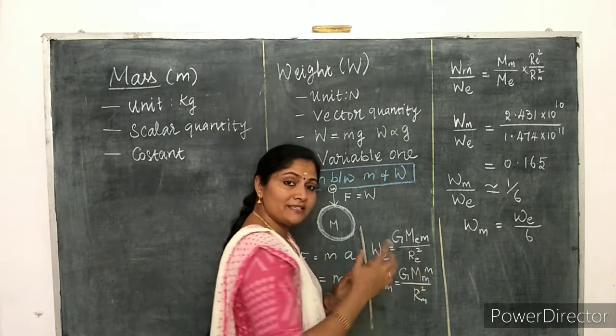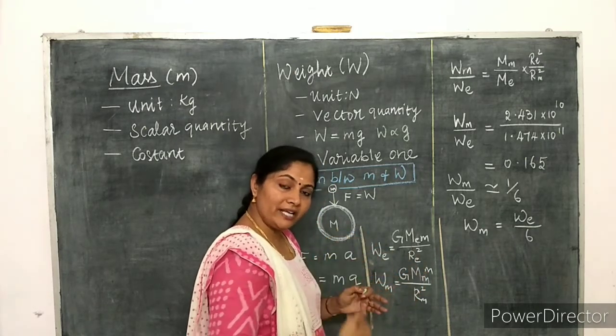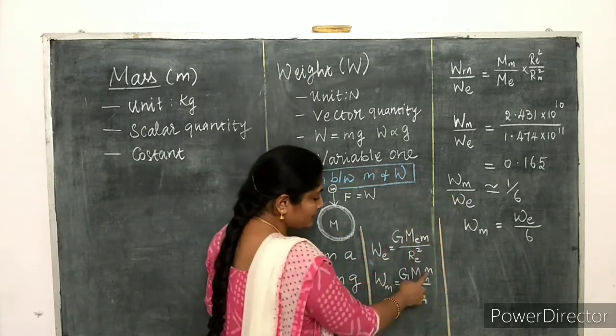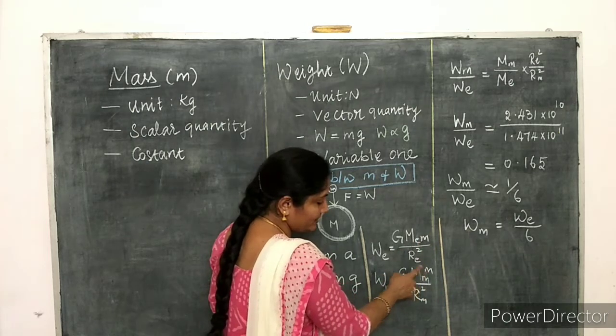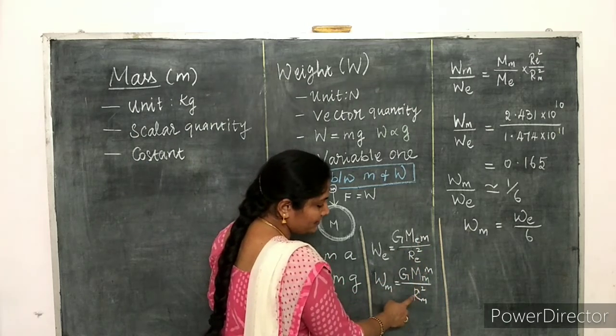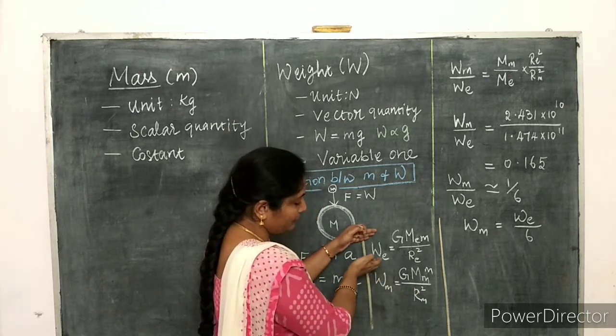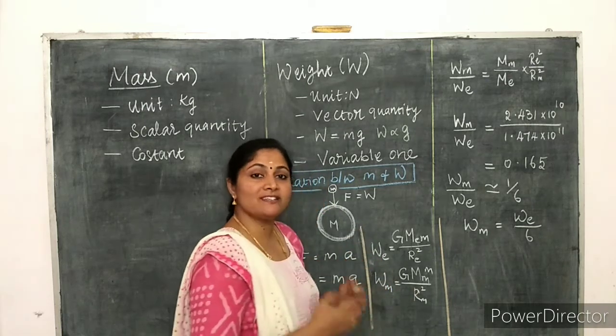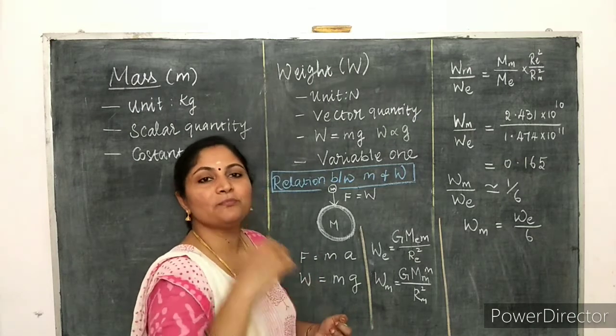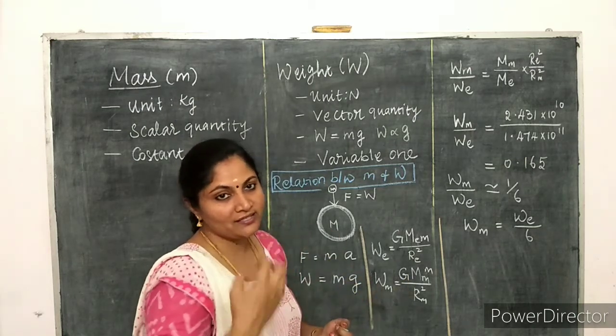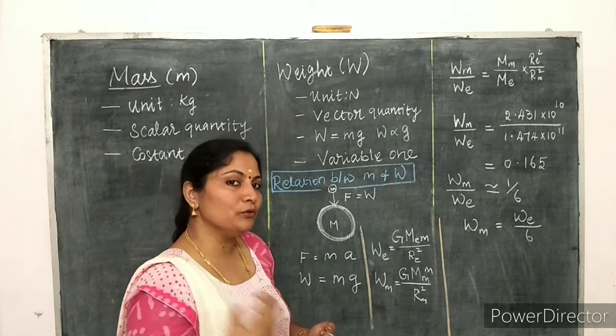Mass of the object remains the same on earth and on the moon. So that's why the m value does not change. But the radius of the moon is Rm, so Rm square. So this is the formula for We and Wm. What is We? Weight of the object on earth. What is Wm? Weight of the object on the moon.